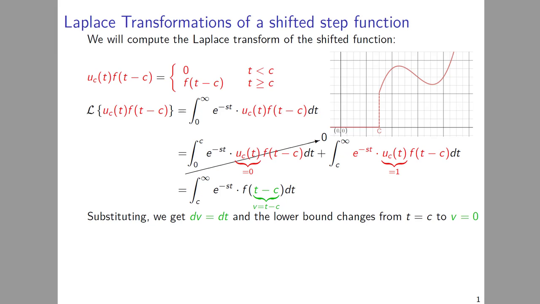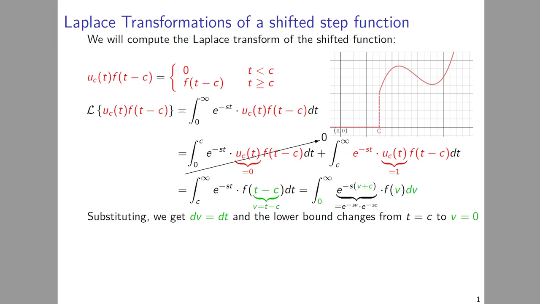Using this substitution, we can rewrite the integral as the integral from 0 to infinity of e to the negative s times v plus c, when we replace t, times f of v dv. Now e to the negative s times v plus c can be split up as e to the negative sv times e to the negative sc.